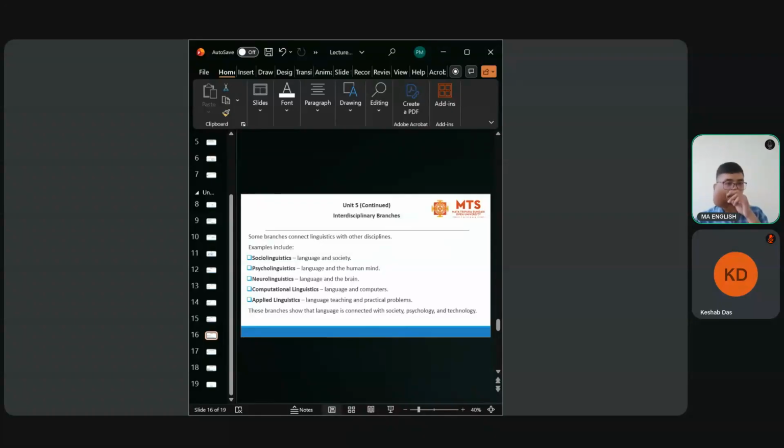So first we have sociolinguistics. Sociolinguistics studies the relationship between language and society. It asks questions such as: how does language vary across different social groups? How does your choice of words, accent, dialect reflect your social identity? And why do people speak differently in formal situations versus informal ones?